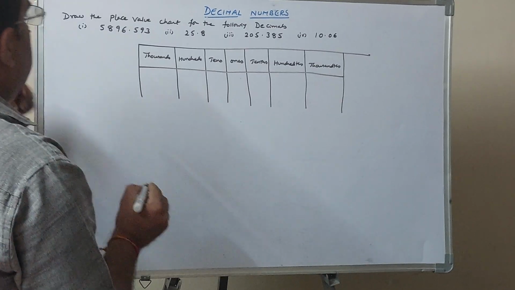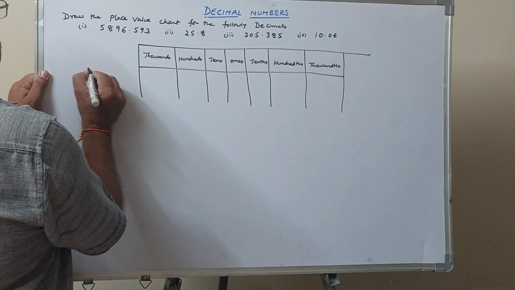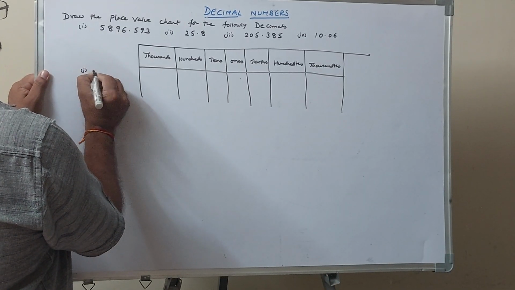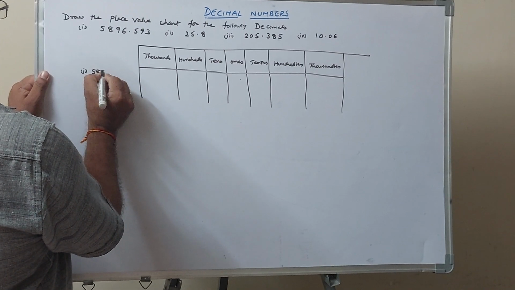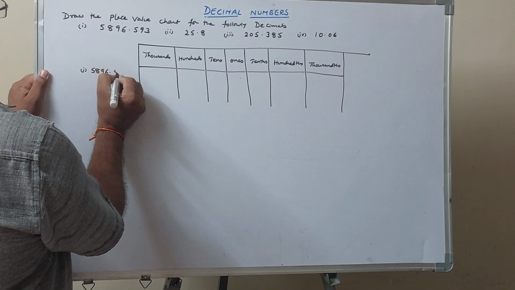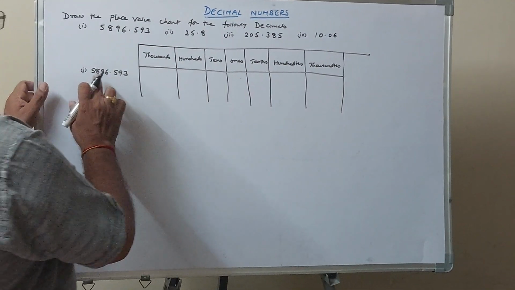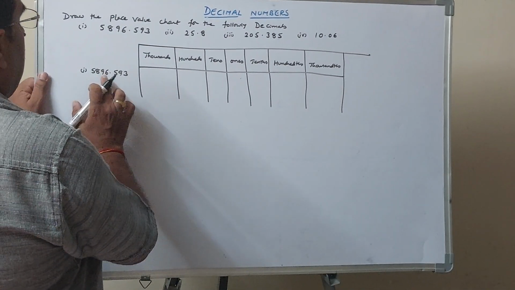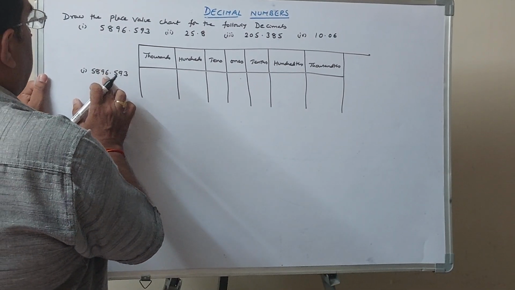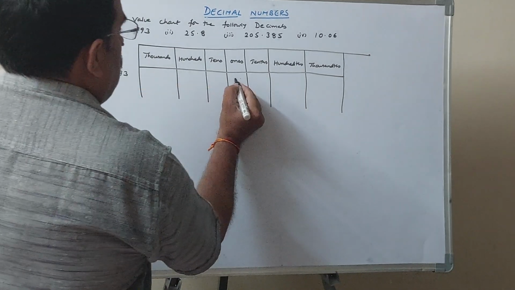So first one is 5896.593. The whole number part is 5896. Here the ones place is 6.